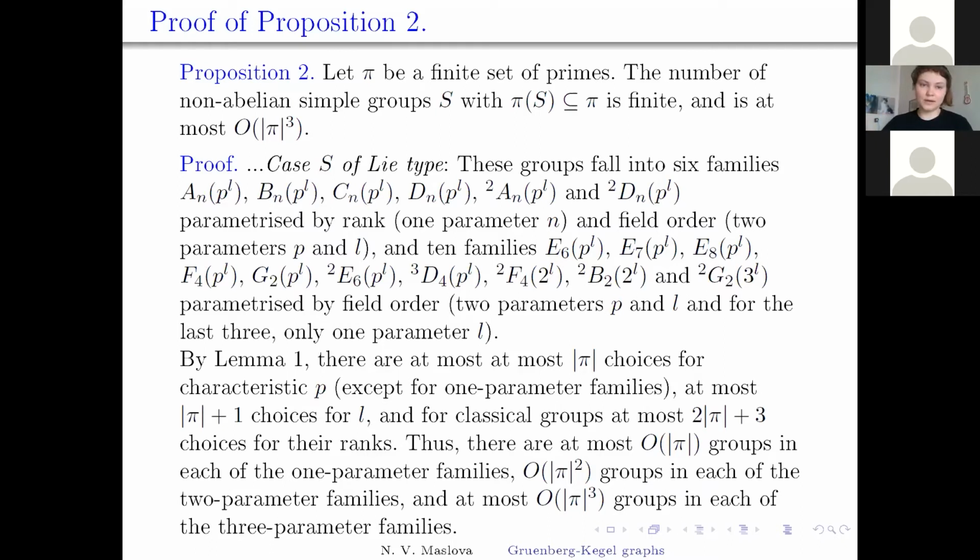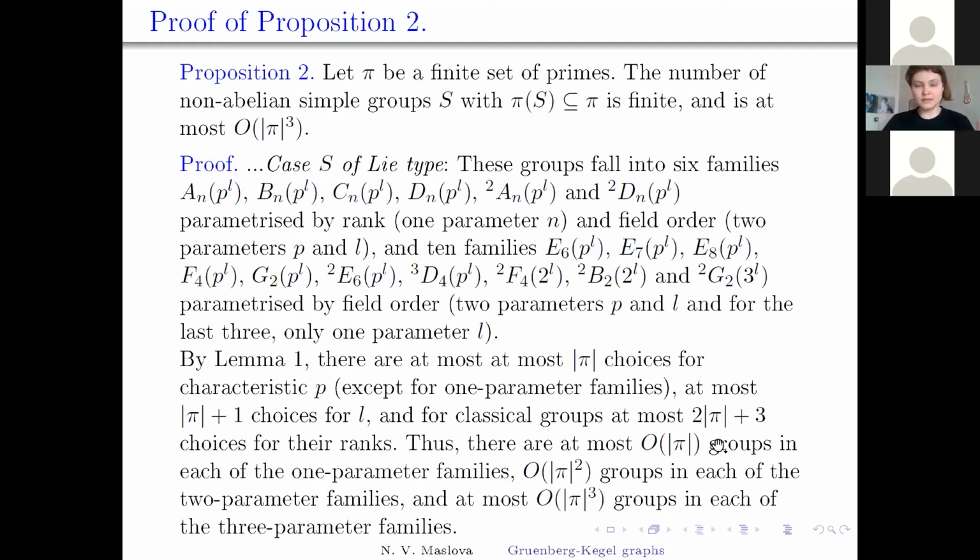And for two-parameter series there are at most O of the order of pi squared choices, and for one-parameter series there are at most O of the order of pi choices.